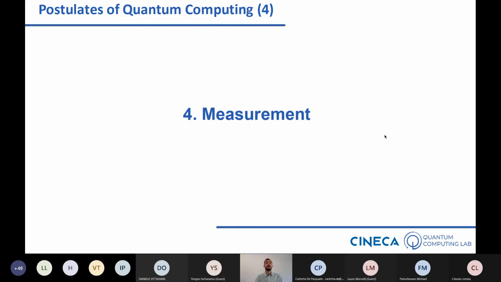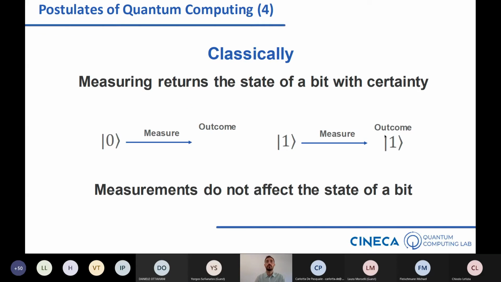Okay, then measurement. The fourth postulate is about measurement. Of course you know that when you measure things in a classical world, you get an outcome with certainty. If the state of a bit is 0, then when you measure it, the outcome will be 0.